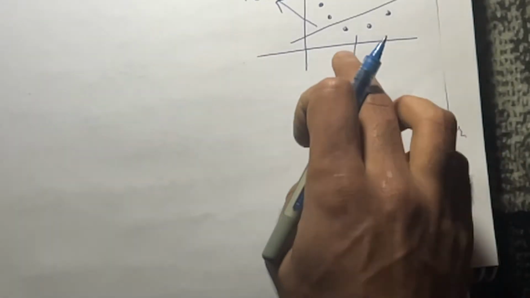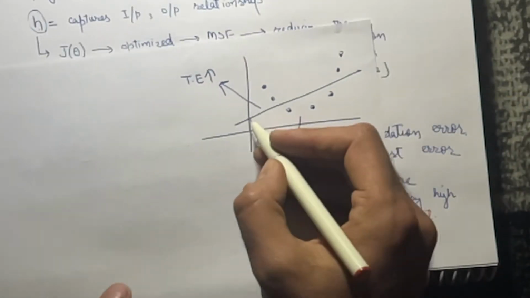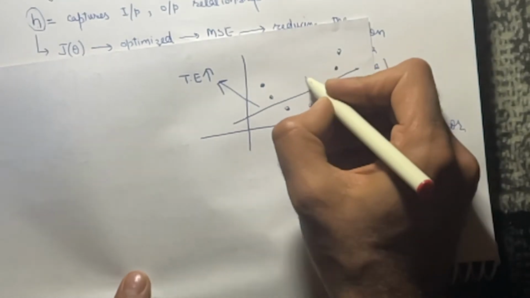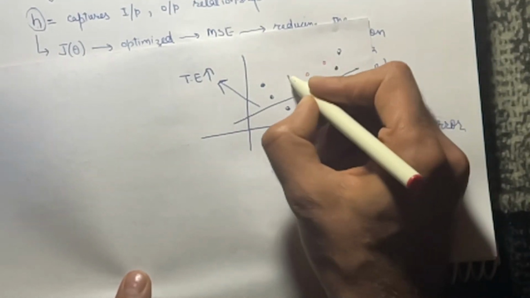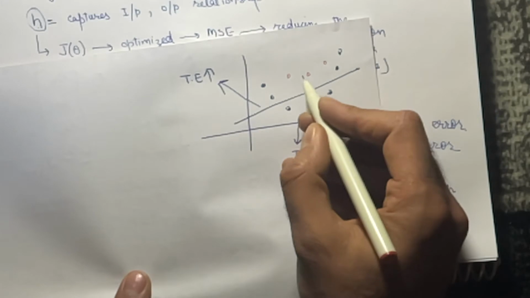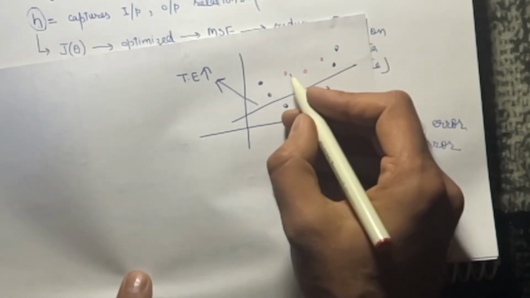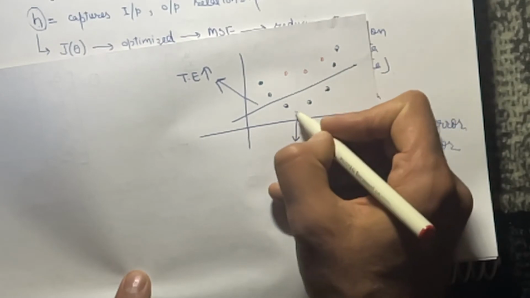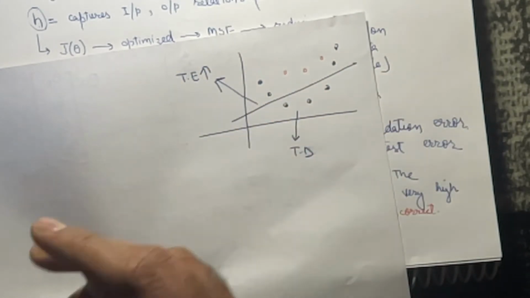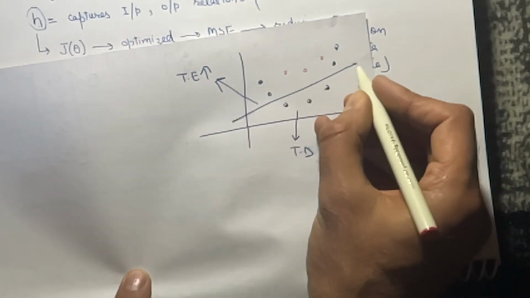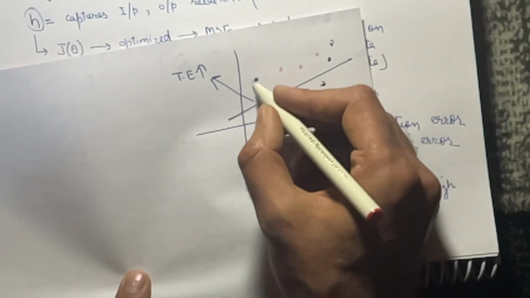Even if it sees unknown data, it won't be able to generalize on it, because unknown data will also follow the same pattern that is there in the input data.